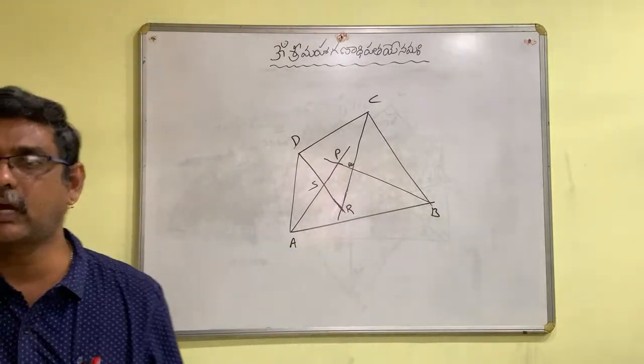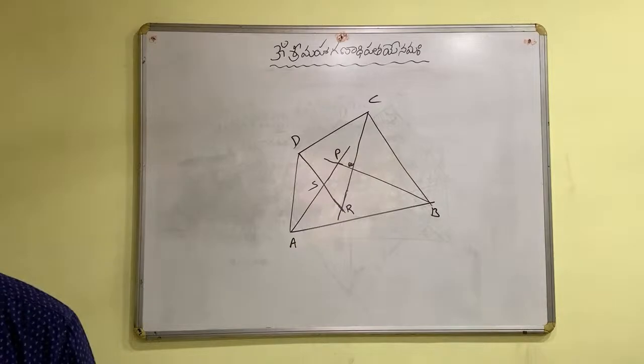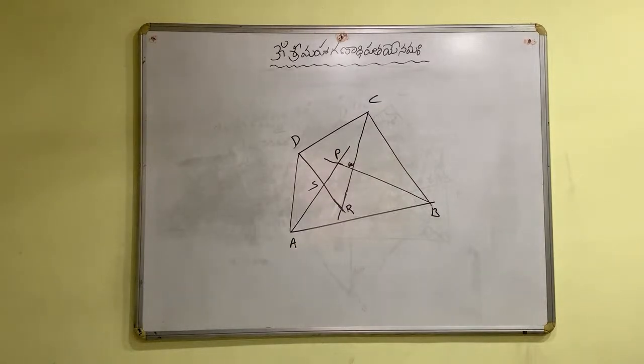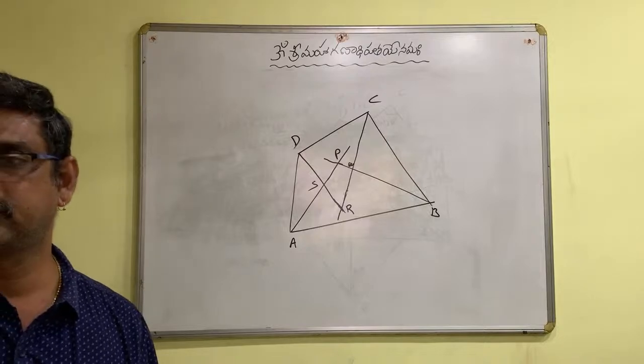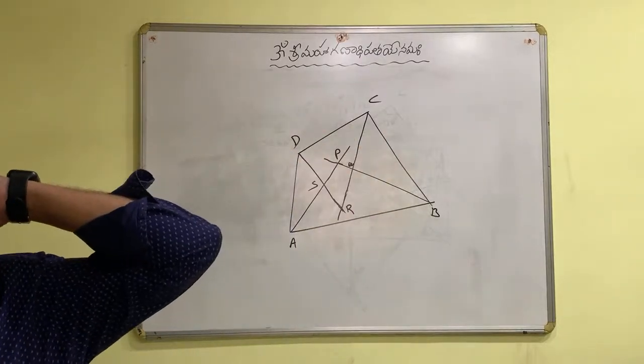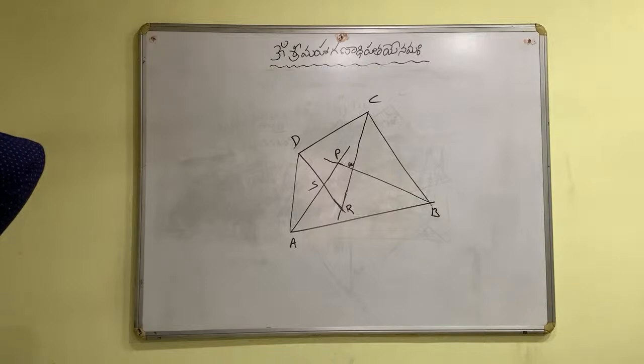Is it a parallelogram or a rectangle or a rhombus or a quadrilateral whose opposite angles are supplementary? Yes. Option D is right. A quadrilateral whose opposite angles are supplementary.